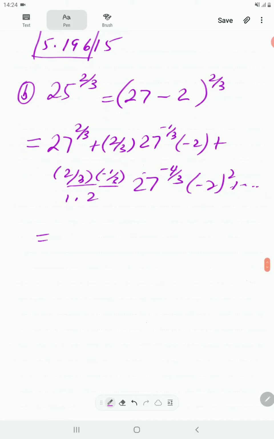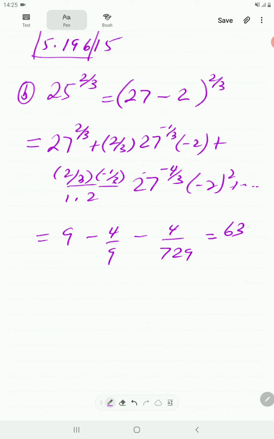So those are the first 3 terms. 27 to the power 2/3 is 9. And then if we simplify the second one, it's going to be negative 4 over 9. The third one is going to be 4 over 729.